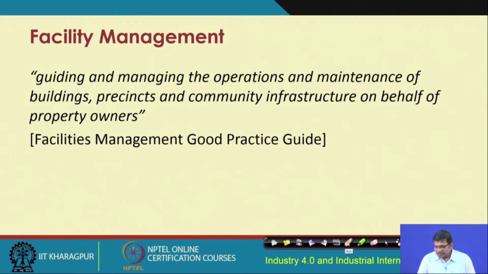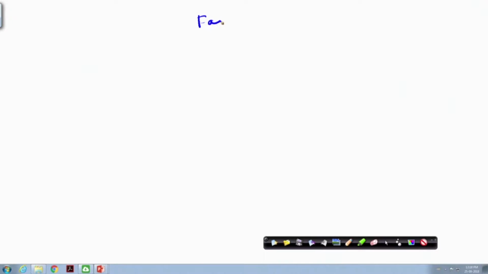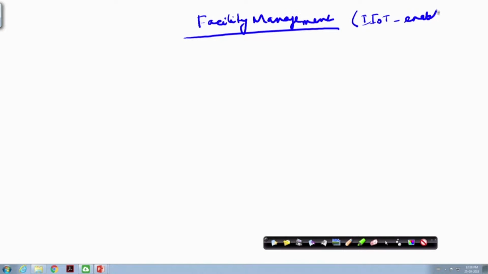So, once again, let me draw and try to analyze what this facility management is going to be like. Facility management, and in this particular lecture our focus will be on IIoT enablement. So, IIoT enabled facility management. Let us talk about two types of facilities.